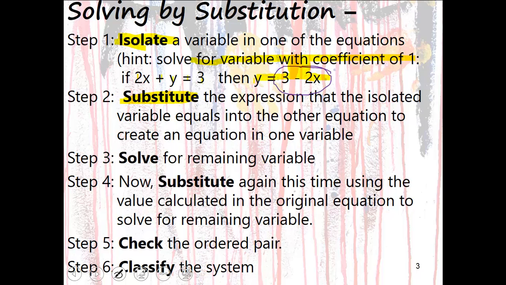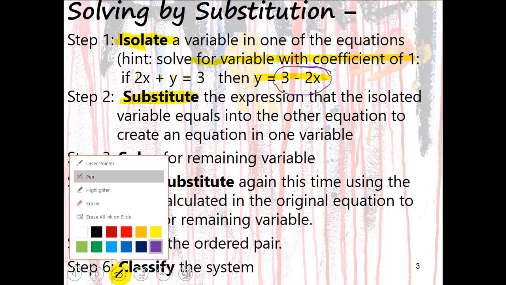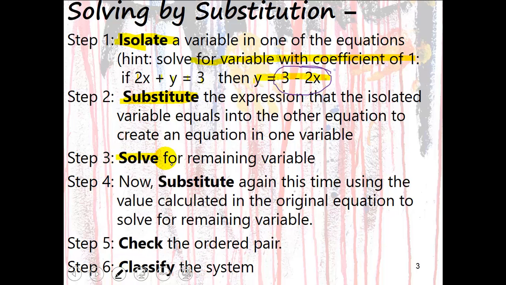And so then we're going to solve for that variable. And then now we have a value for one of the letters. And now we're going to substitute again. We're going to go back into one of the original equations. And then we're going to check to see if that ordered pair really works. And then we're going to classify. So let's get underway here.